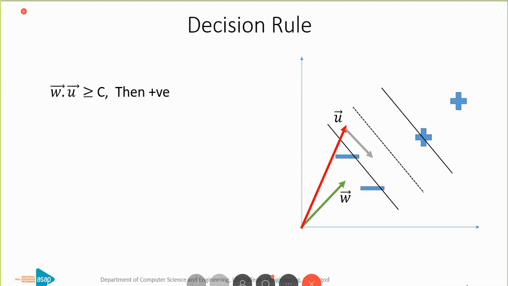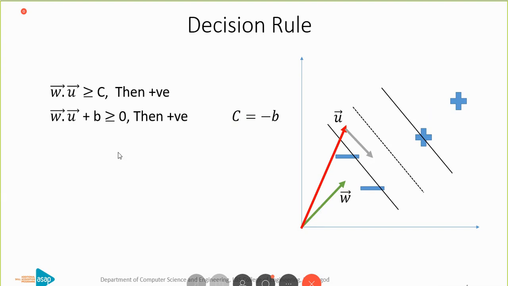The dot product of U and W will give you the projection of U on W, and I'm making a constant here for the length of W. If that value is greater than or equal to C, then it is a positive sample. For the sake of simplicity, I'm putting C equal to minus b and rewriting our equation.